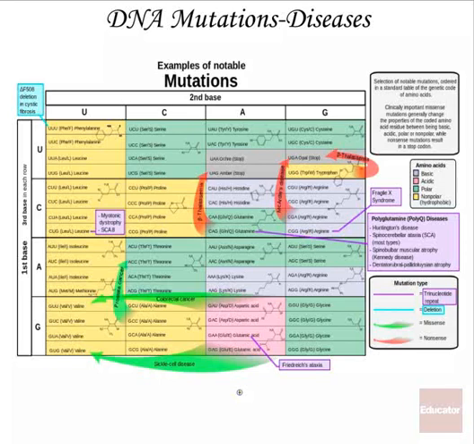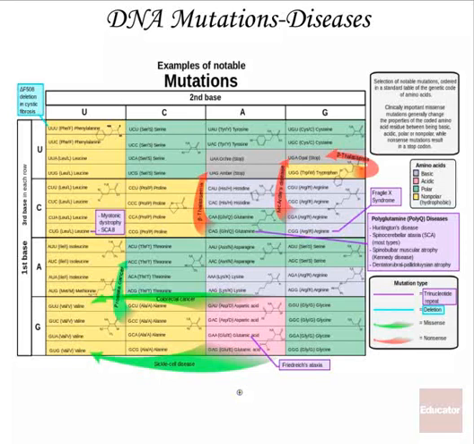So what we're saying here is that DNA errors not repaired make DNA mutations, and DNA mutations can lead to disease. So we want to be able to figure out a way to stop that.